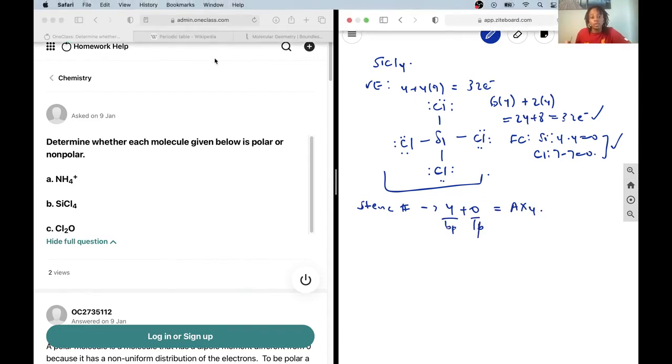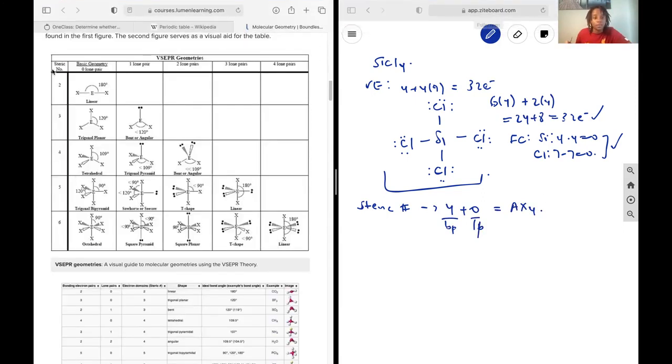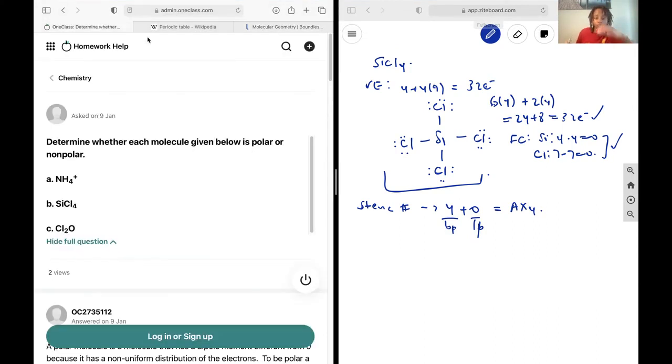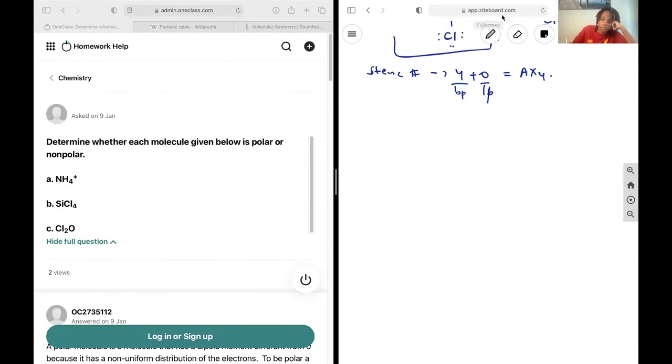You go to your VSEPR chart, go down according to the steric number 4, and go right according to the number of lone pairs. We have 0 lone pairs, so we're going to stop here, and it's going to be tetrahedral. And so if we draw that out, that is silicon in the middle with Cl, Cl, Cl, and Cl.